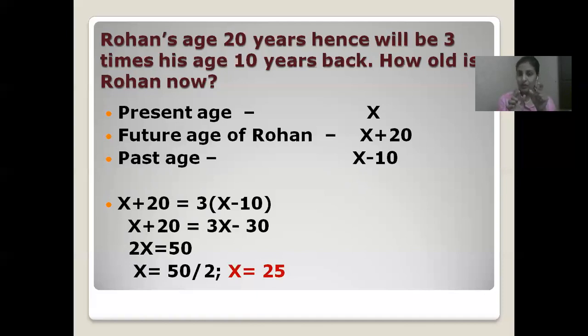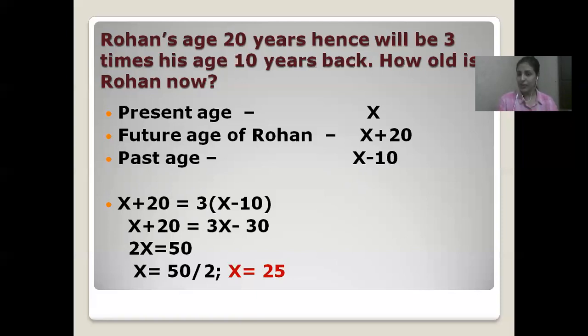And you have to see that 3 times, that is Rohan's age 20 years hence will be 3 times his age 10 years back. So that is the third part. 3 times means nx, that is 3 into his age 10 years back. So this way you have to segregate the question first.